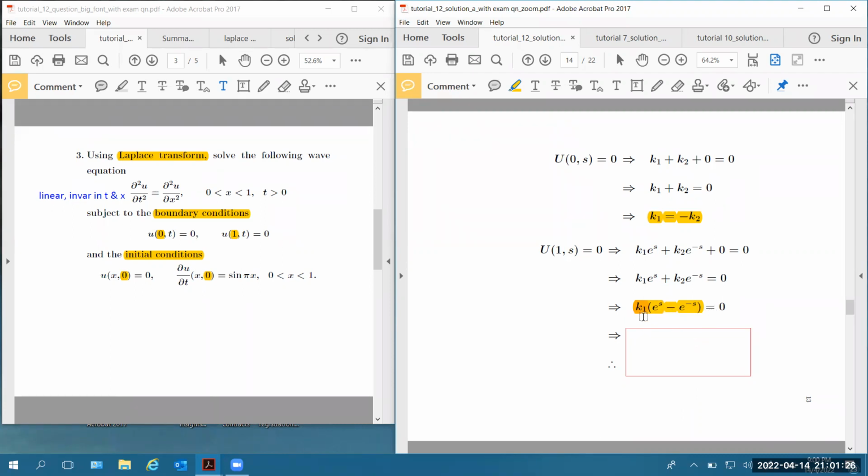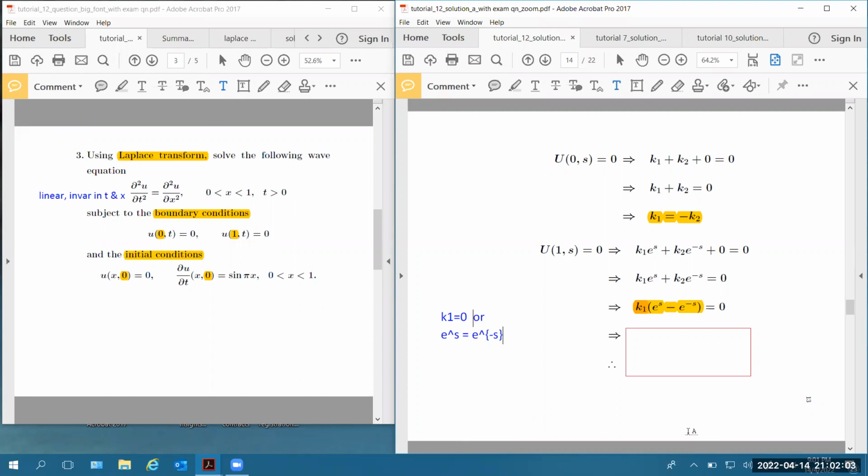So is K1 equal to 0, or is e to the power of s equal to e to the power of minus s? So which one do we take? This one or this one?